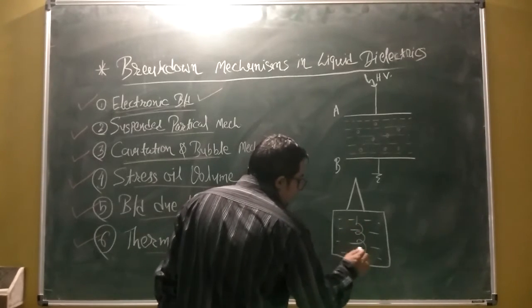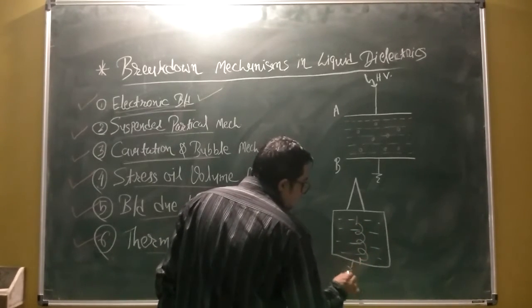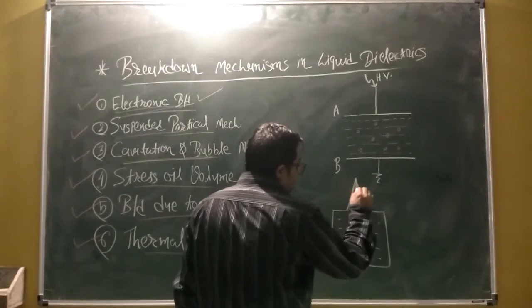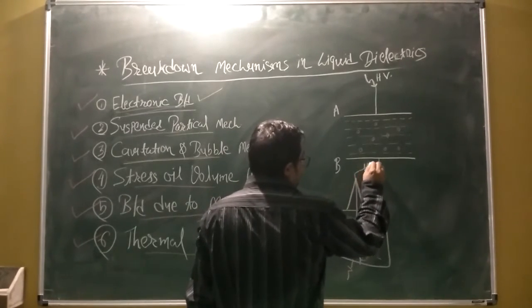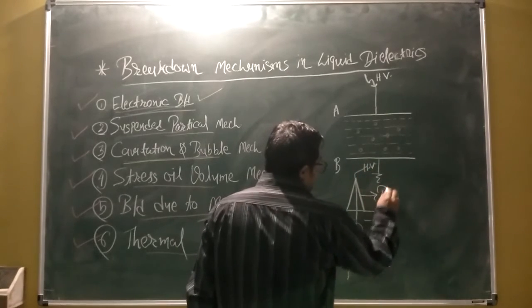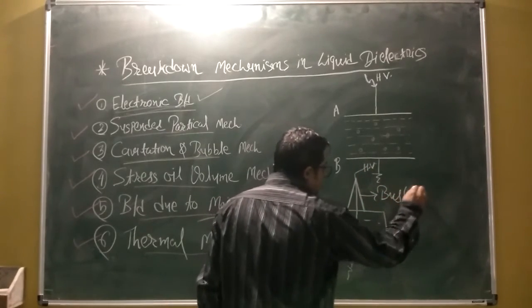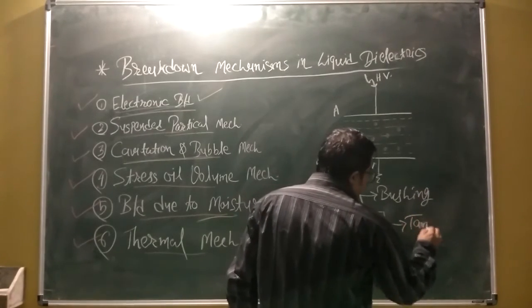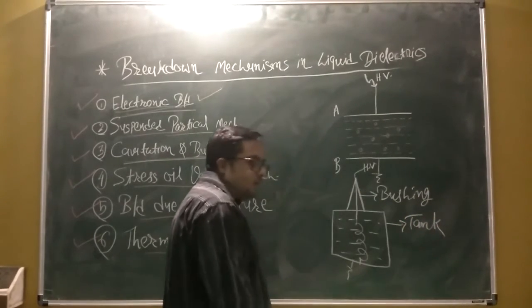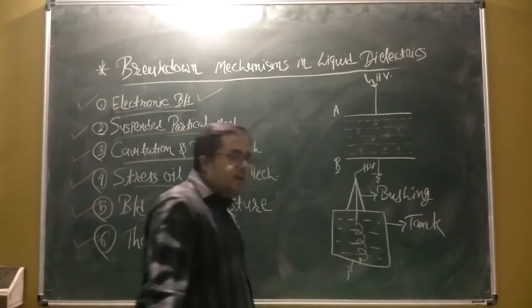Then there is a winding, and the tank is grounded. Here there is a conductor and here there is the high voltage line. This is the bushing, and this is the tank of the transformer which is grounded. This is the winding.